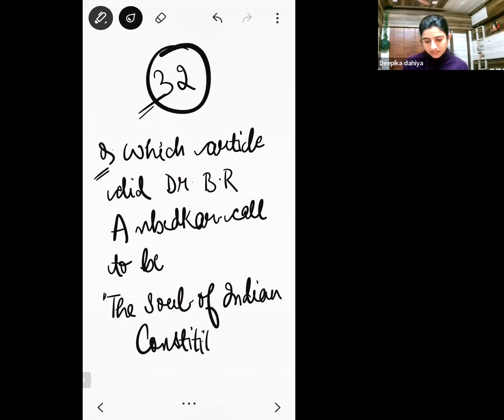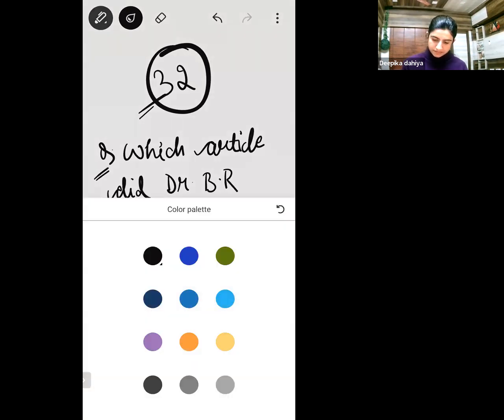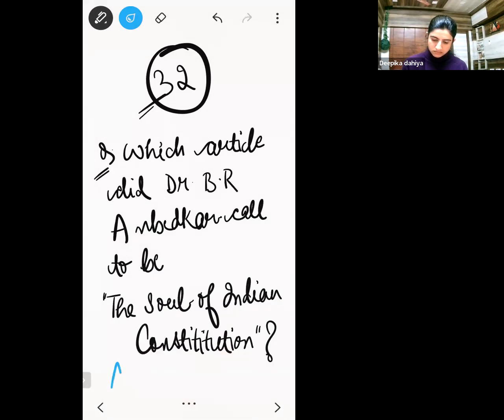The soul of the Indian Constitution. The answer to this question is Article 32.